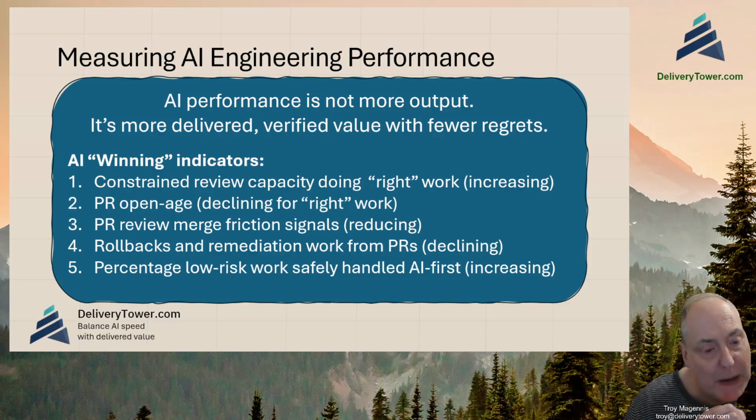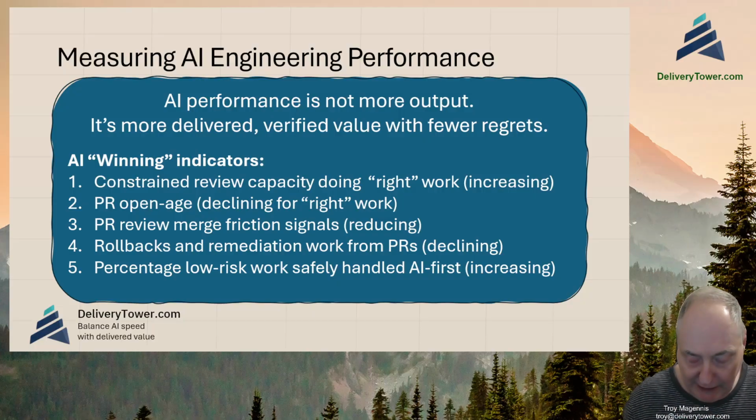And the big lesson that you want to take from this presentation is that over time, we want to increase the percentage of work that is safely handled by AI without requiring a ton of human input. I call this the percentage of low-risk work safely handled by AI. What we're trying to do is make more work in our organization lower risk so that AI can deliver it safely.